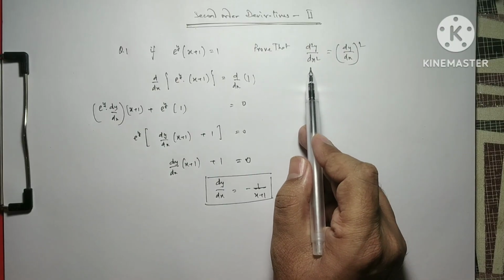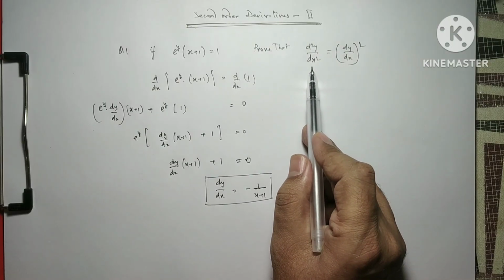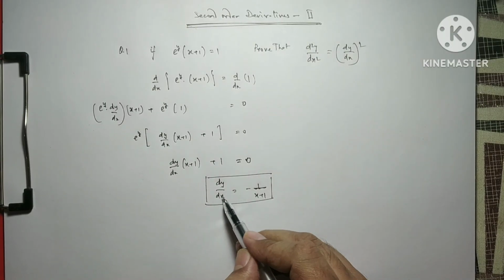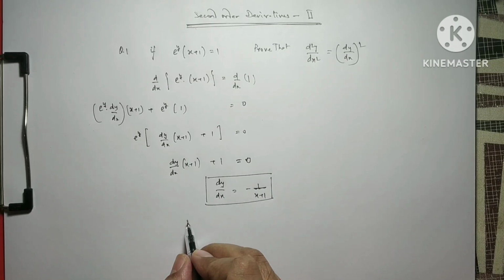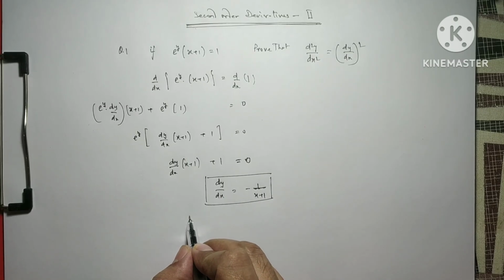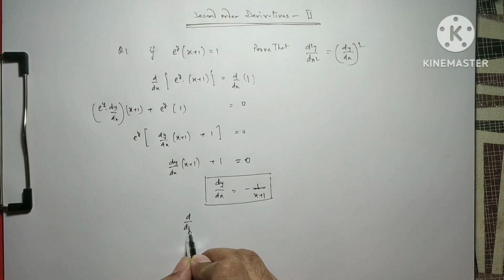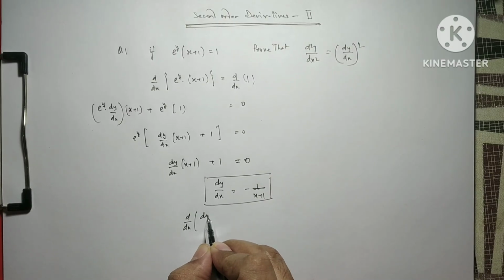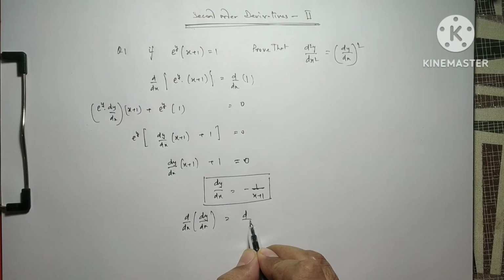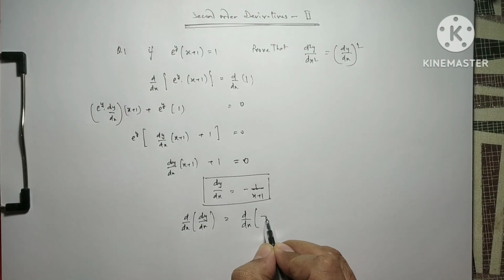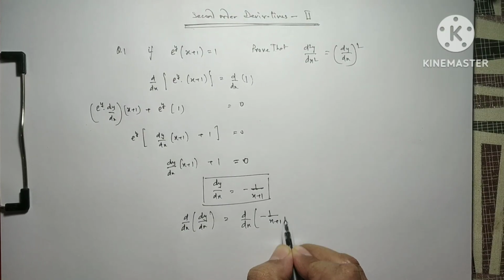According to the question, we want the second order derivative. So again we differentiate this expression. On differentiation we get on the left hand side d over dx of dy over dx, equals d over dx of minus 1 over (x plus 1).